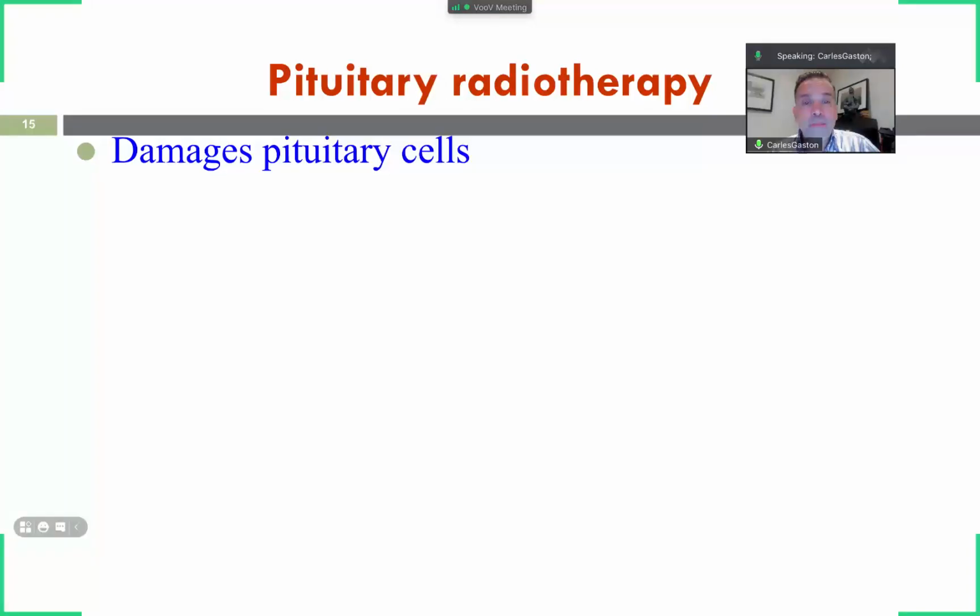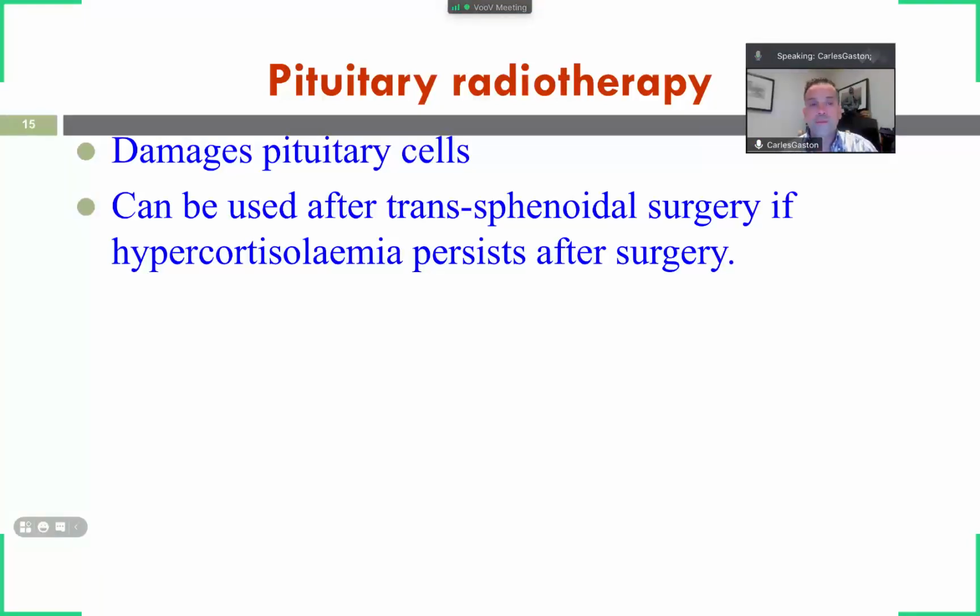However, the radiotherapy in the pituitary is very tricky because of the area of the brain that it is. It can damage pituitary cells within the rest of the healthy pituitary tissues. It can be used in tumors where after the surgery there is still increased hypersecretion of the hormone, let's say hypercortisolemia, or persistence of growth of the tumor itself.